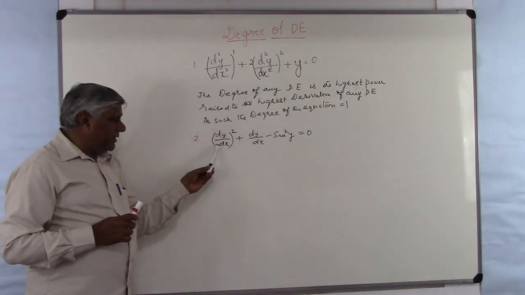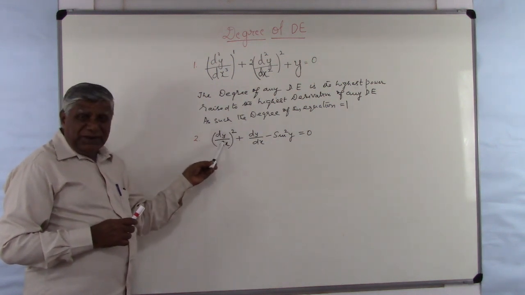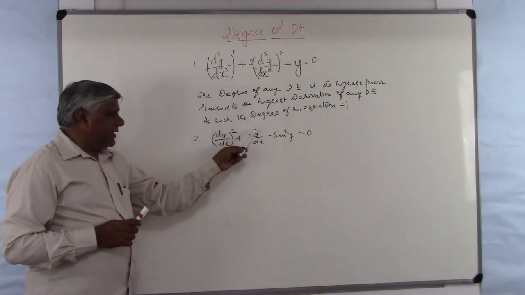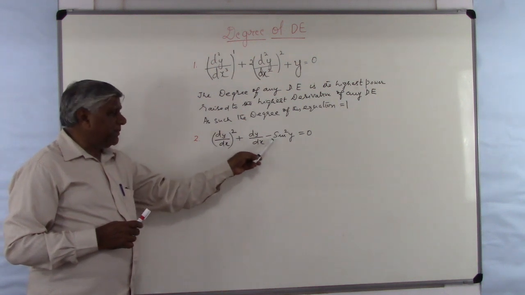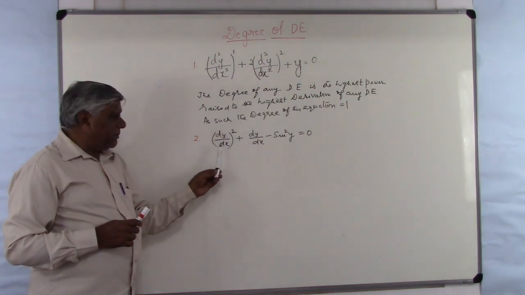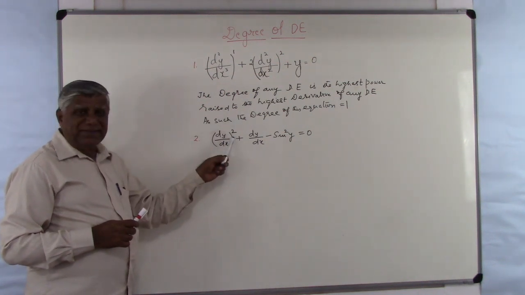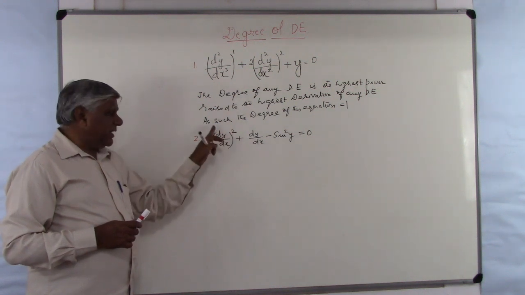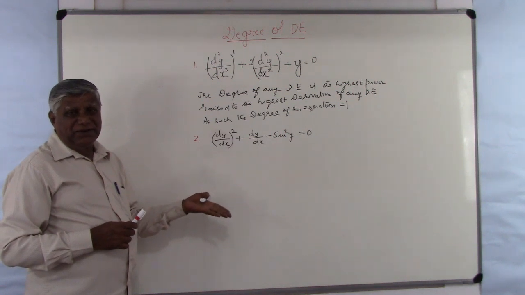The derivative is dy by dx, and the power raised to the derivative is 2. Therefore, the degree is 2. Very simple. The highest power raised to the highest derivative is the degree of the equation.